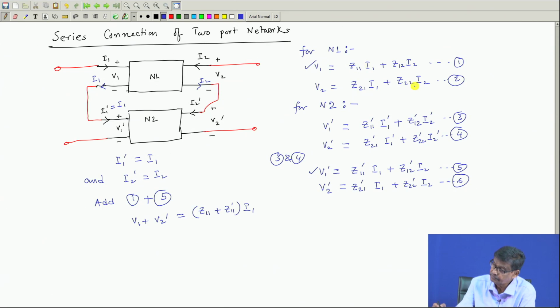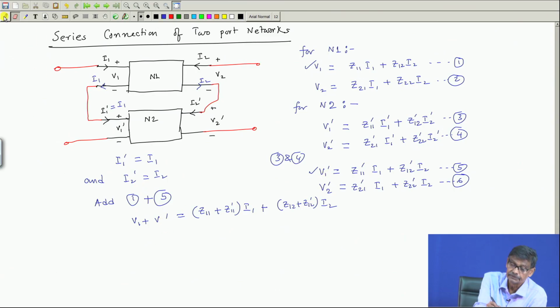Similarly, this term and this term added up, so plus Z12 plus Z12 dashed into I2, that is what I will get. Have I written something wrong? Yes, I have. So, this is V1 plus V1 dashed.